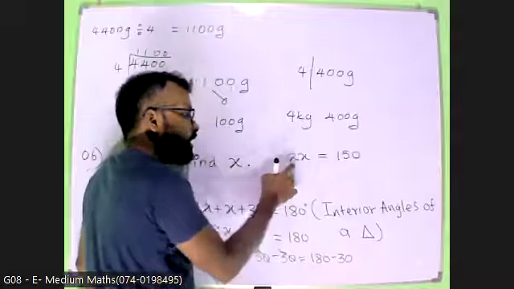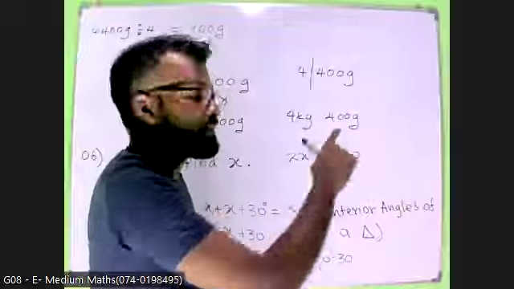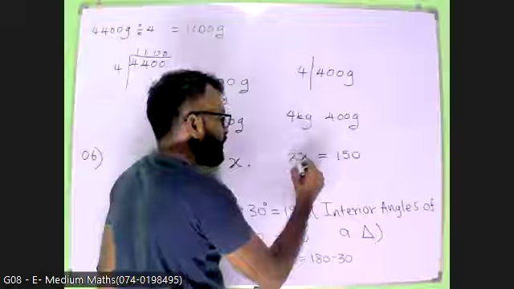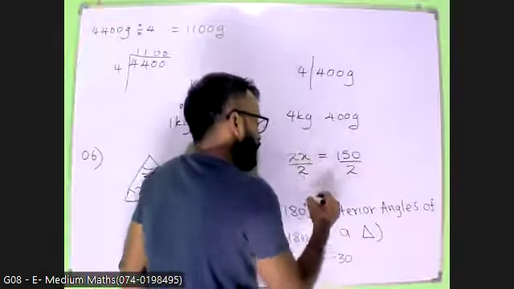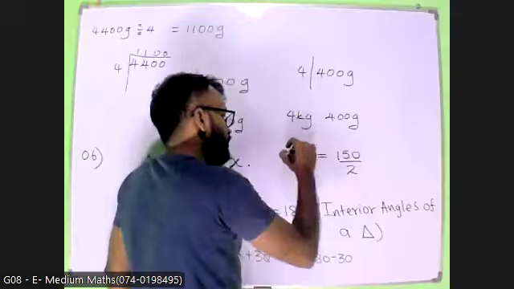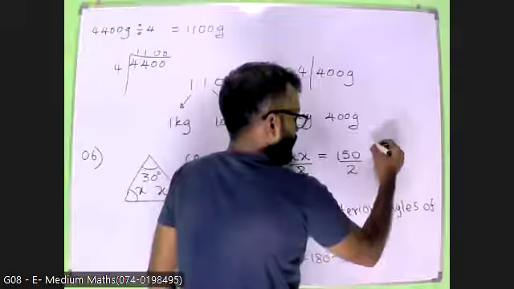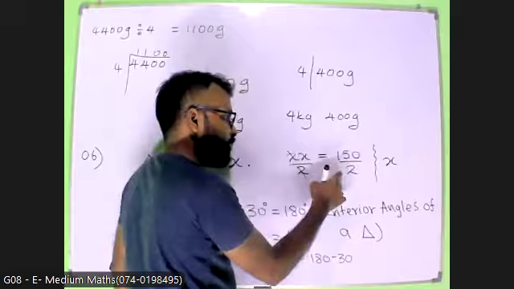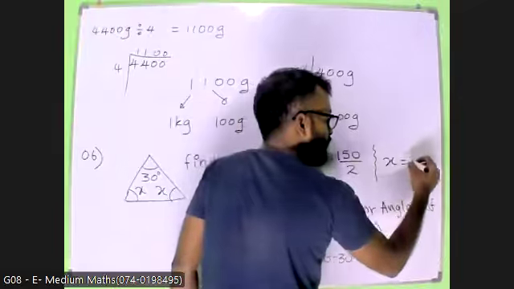So here I have 2 times x, 2 multiplied by x. Multiplying, what is the opposite thing? Divide. You have to divide both sides by 2. Cancel out. x equals 150 divided by 2, which is 75.